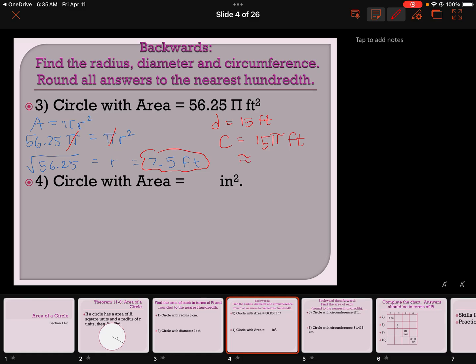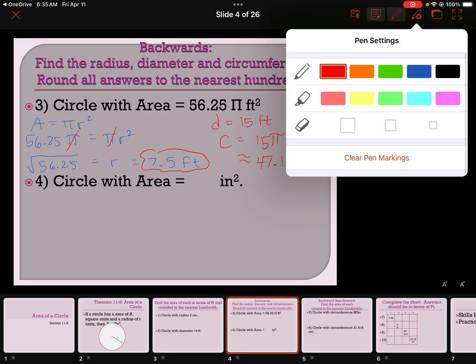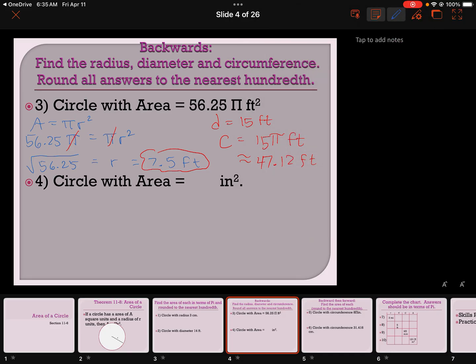And then you can type that into the calculator. What is 15 pi? 47.1. And that's in feet. Okay, so we got our radius, we have our diameter, and we have our circumference.